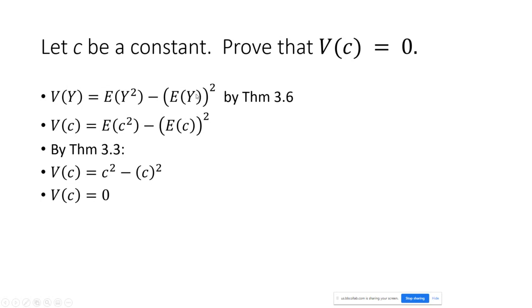Or we saw theorem 3.2 yesterday was sort of an alternative way of thinking about expected value. And then they use some combination of high school algebra and theorems 3.3 through 3.5. So those are sort of your go-to tools when you're trying to prove something about expected value and variance.